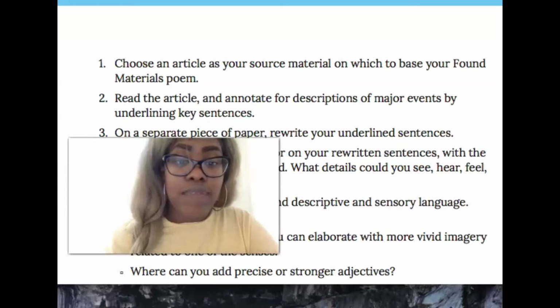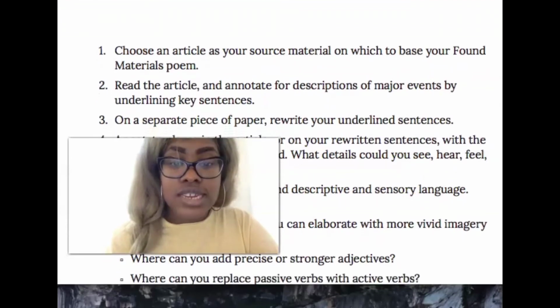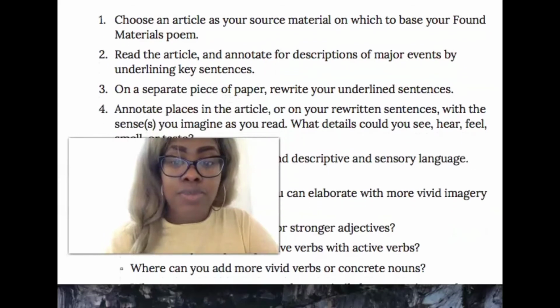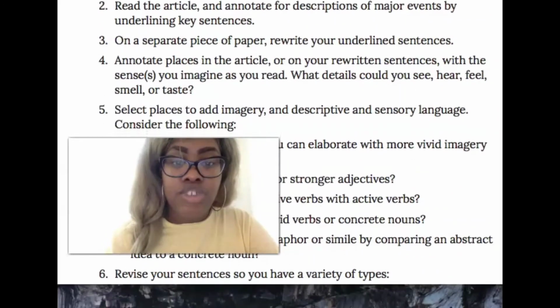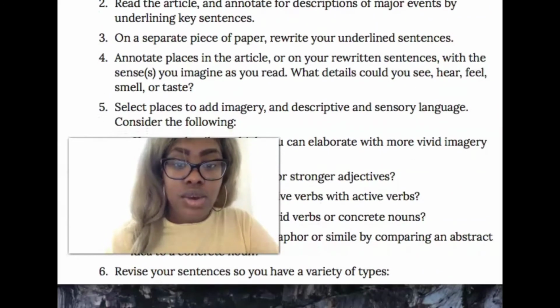Then you're going to select places to add imagery and descriptive and sensory language. Consider the following. Choose a detail on which you can elaborate with more vivid imagery related to one of the scenes. Where can you add stronger adjectives, or passive or active verbs, or vivid verbs or concrete nouns? And where can you create a metaphor or simile by comparing the abstract idea to a concrete noun?